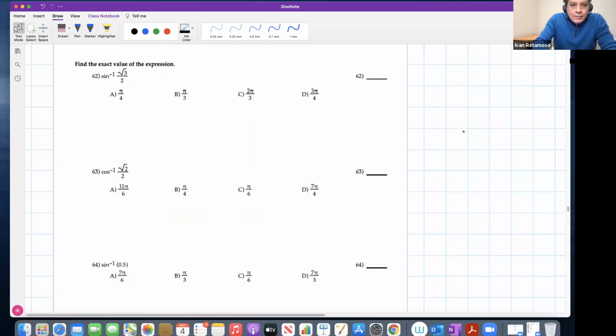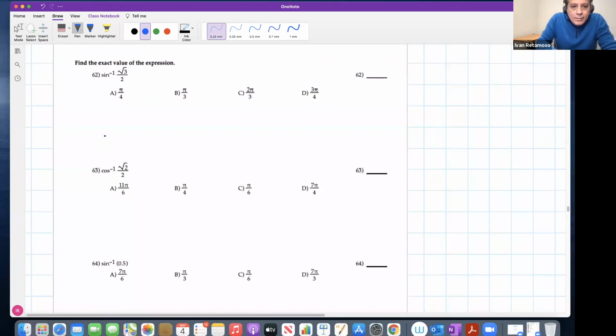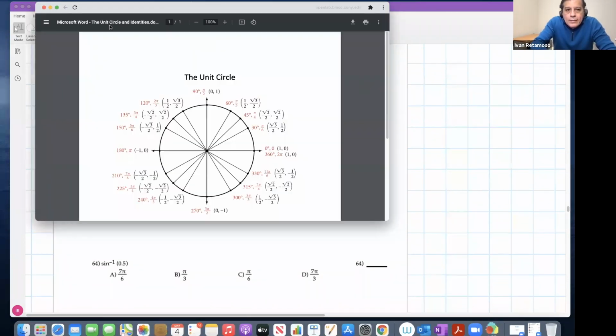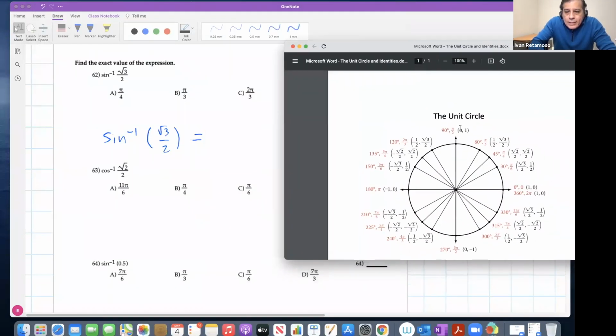We reach this part on inverse trigonometric functions. What is sine inverse of square root of 3 over 2 in exact form? For that, guys, have your unit circle sheet ready. What is the angle whose sine is square root of 3 over 2? Look here. I found one angle whose sine is square root of 3 over 2: 60 degrees, pi over 3, and it's in the first quadrant.